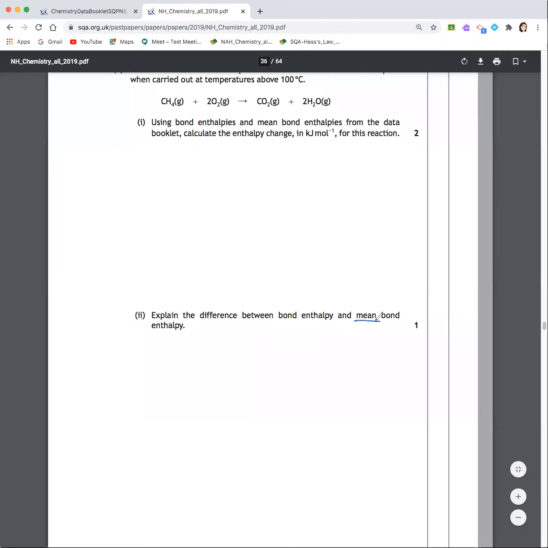Okay, in the mean bond enthalpy, that bond could exist in lots of different chemical environments with lots of different other atoms surrounding it, which is why you have to take the average enthalpy for that bond. So bond enthalpy is where the bond exists in only one chemical environment in one type of molecule. Mean bond enthalpy is where the bond can exist in different chemical environments in different molecules.